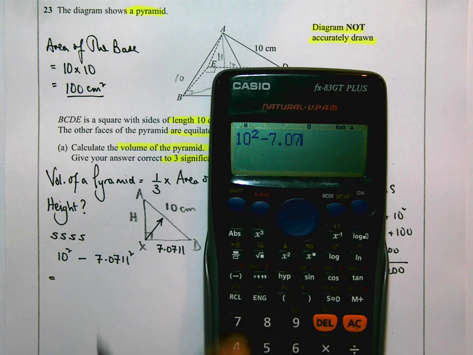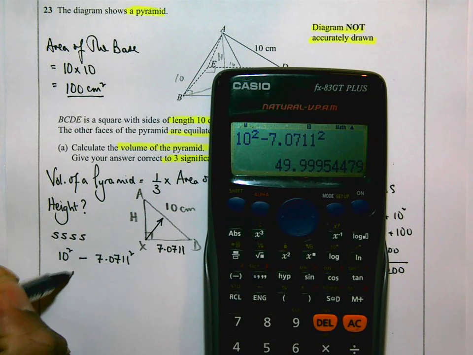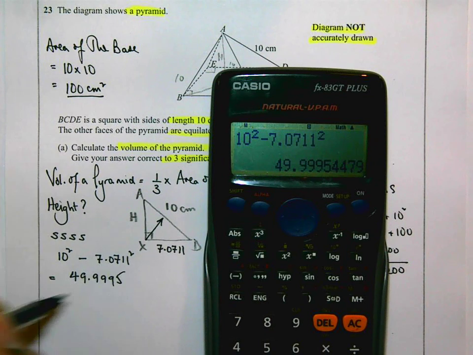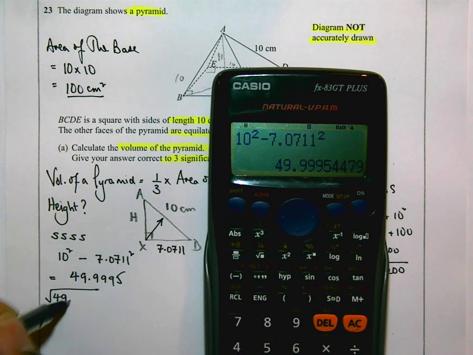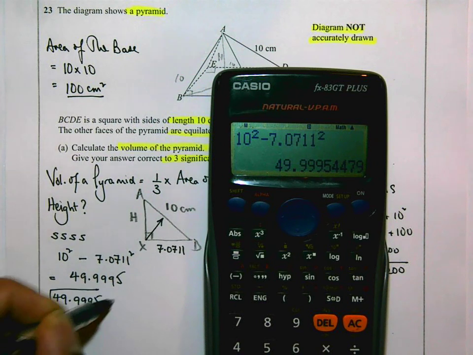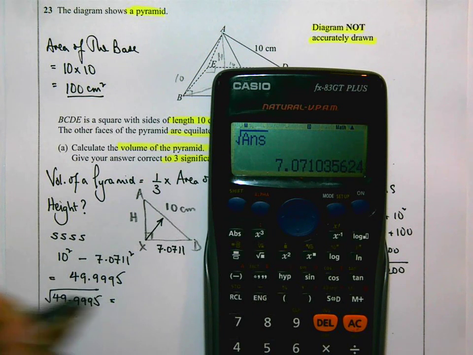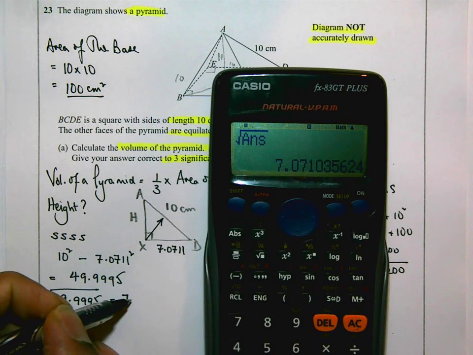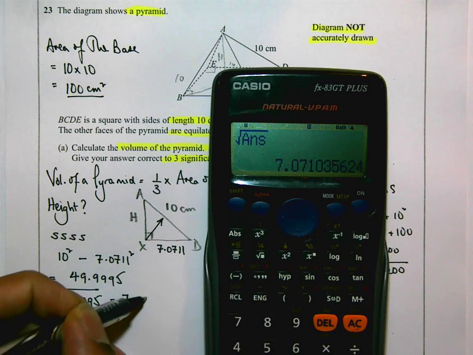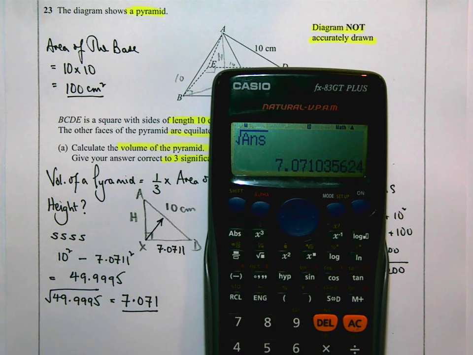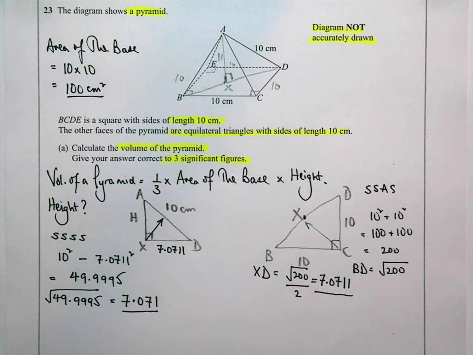That's going to equal 49.9995, and I'm going to square root that. So square root the answer, and that gives me back almost exactly what I had before, 7.071. Okay, I'm going to keep it as that. That is the height of the pyramid.